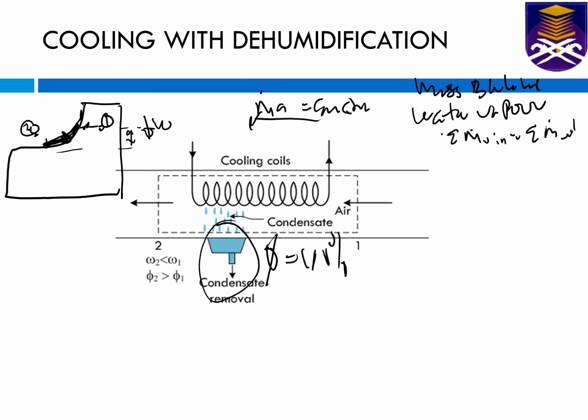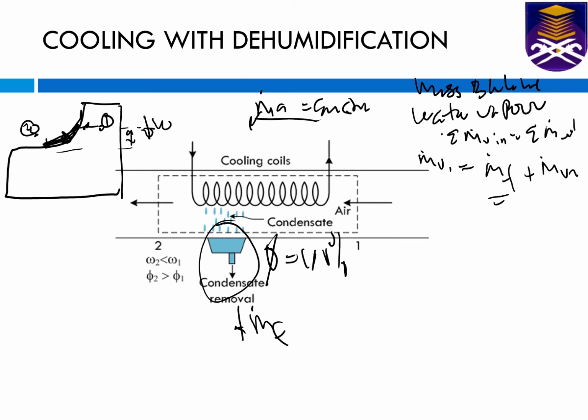So the mass balance is m dot v1 equal to m dot f, the removal, plus m dot v2.